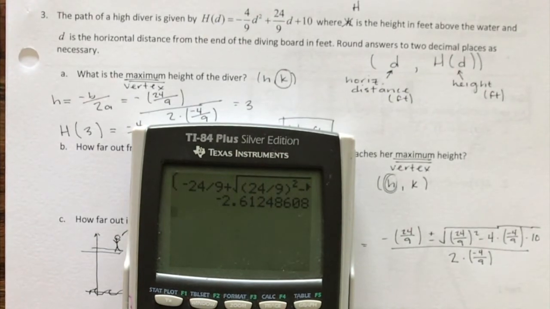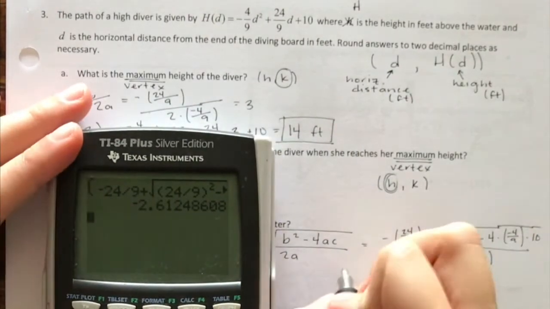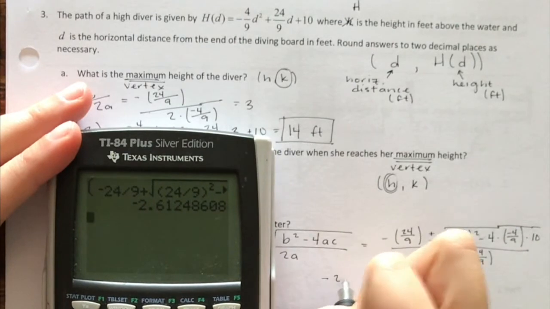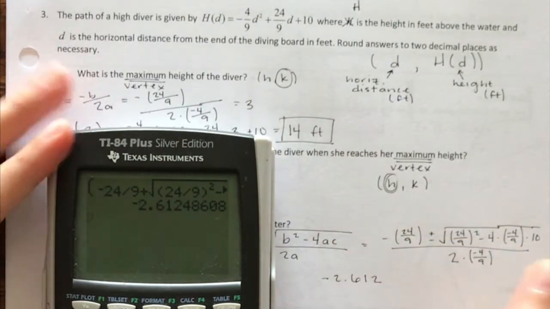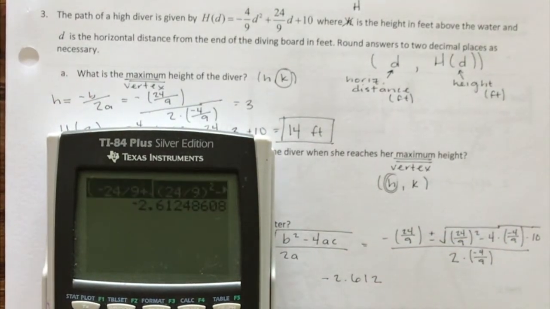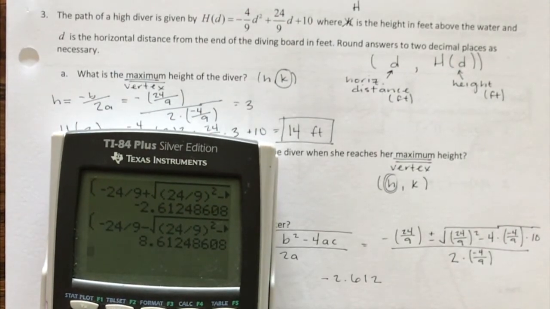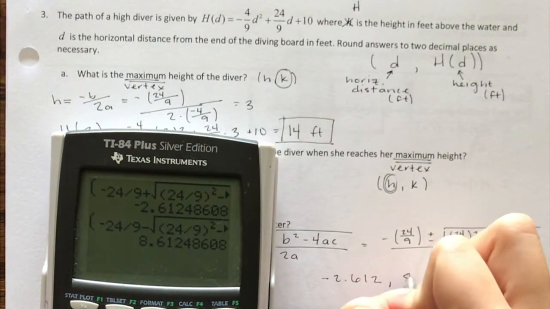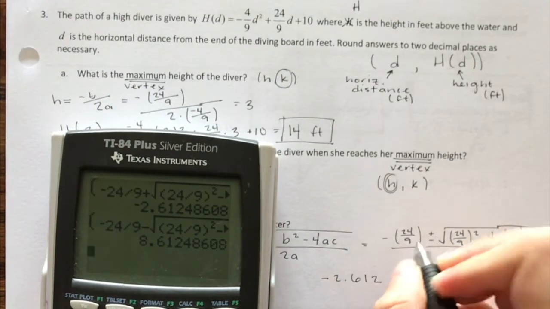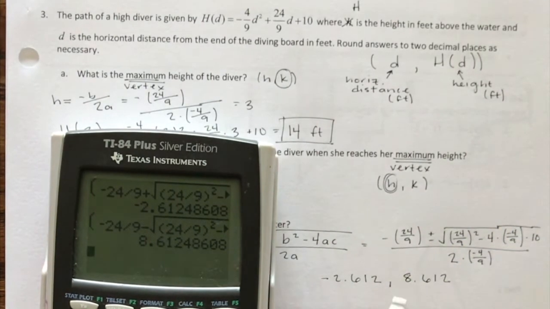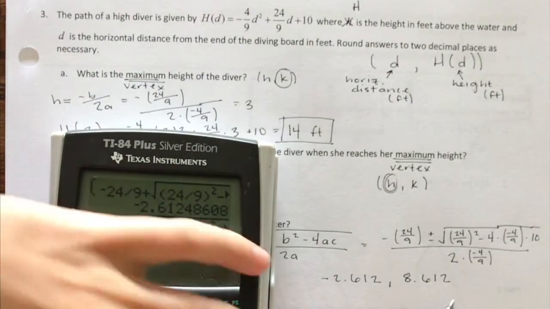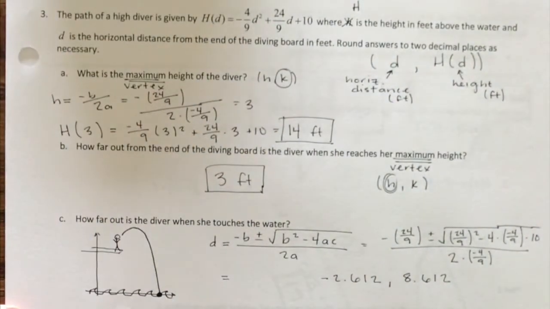All right, so it looks like we get -2.612. Let's do subtraction. We get 8.612. So which one of these is going to be our correct answer?